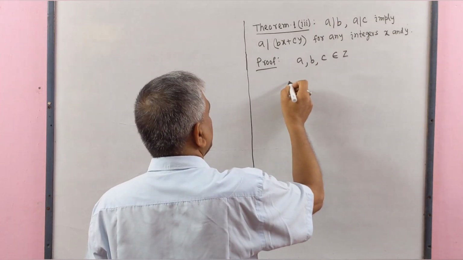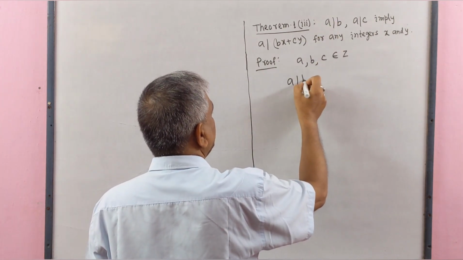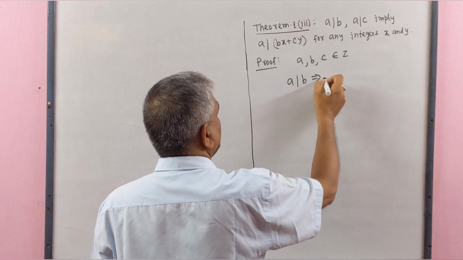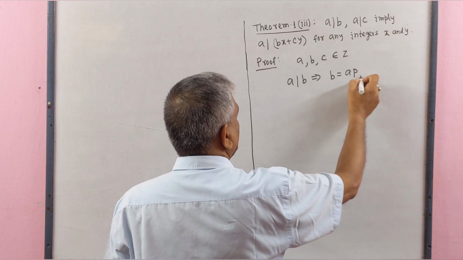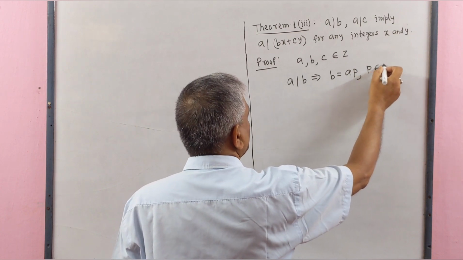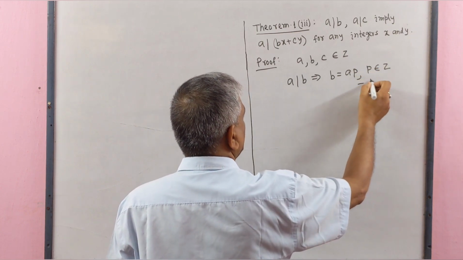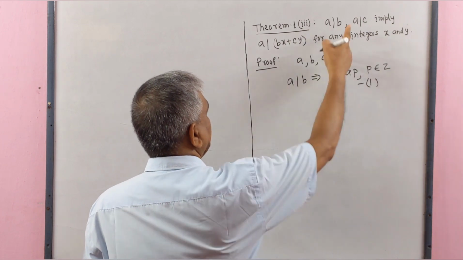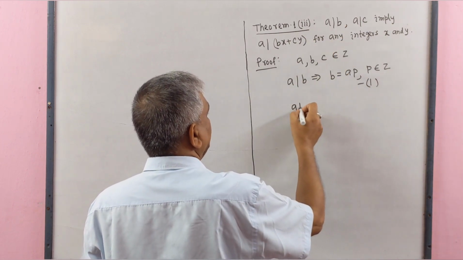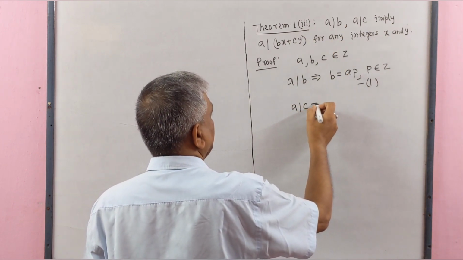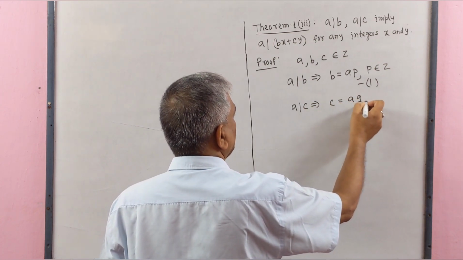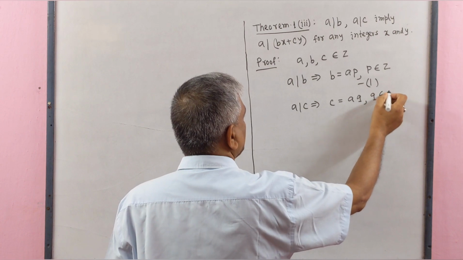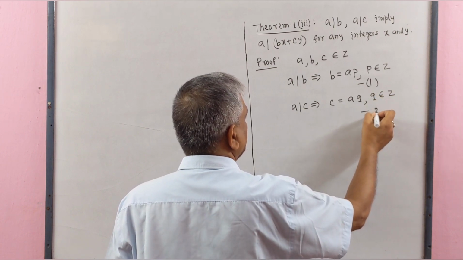Also given that A divides B implies that B equal to AP, P belongs to Z. This is number 1. Again, given that A divides C implies that C equal to AQ, Q belongs to Z. This is number 2.